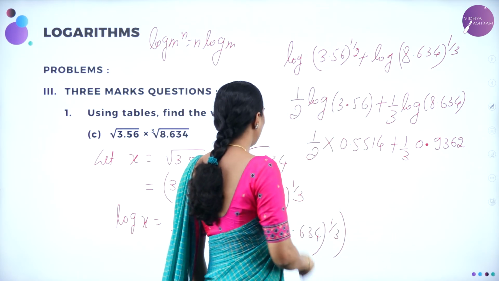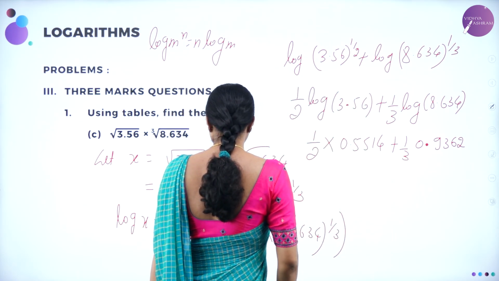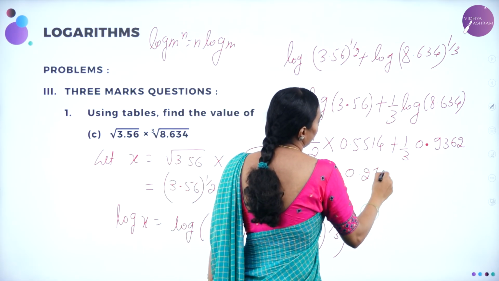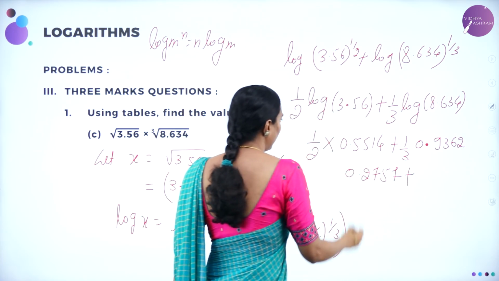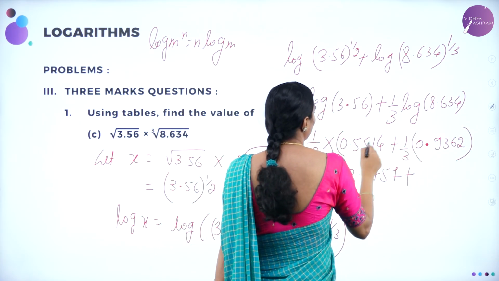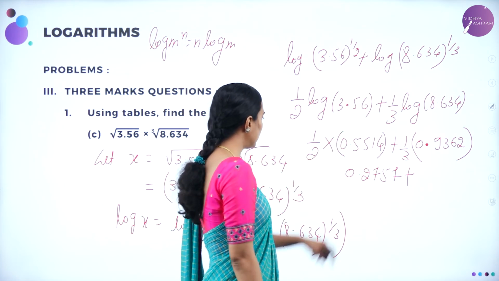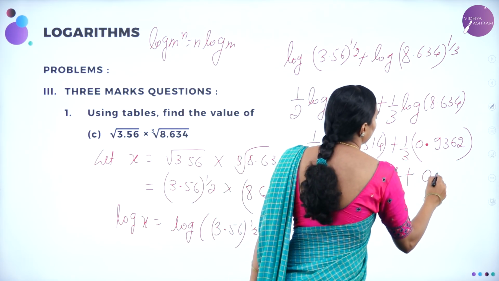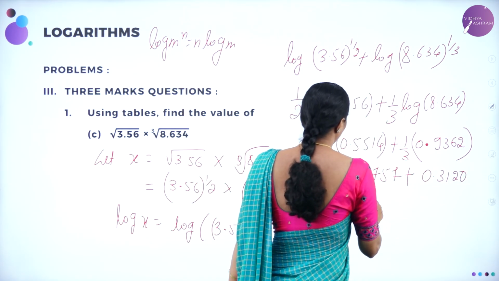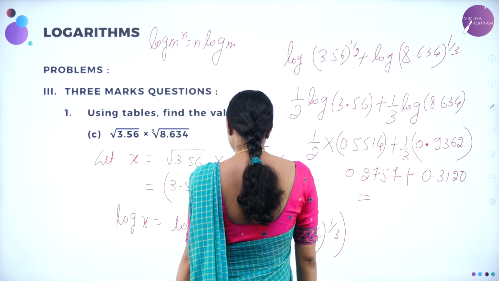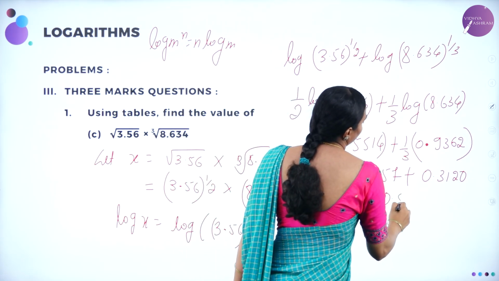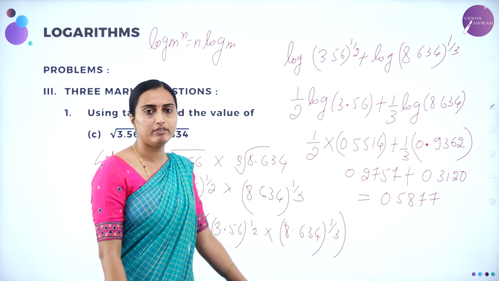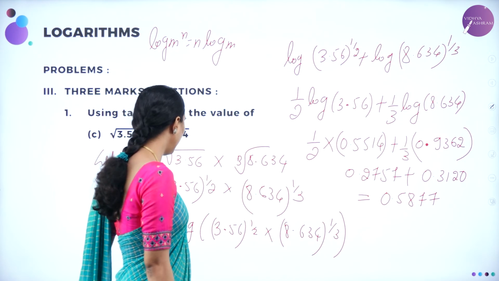So after dividing, you are going to get the answer 0.2757 plus, divided by 3, because into 3 is there, here into 2 is there, okay, divided by this, you are going to get the answer 0.3120. So which will be equal to, the answer here by adding this, 0.5877. That is the answer you are going to get.